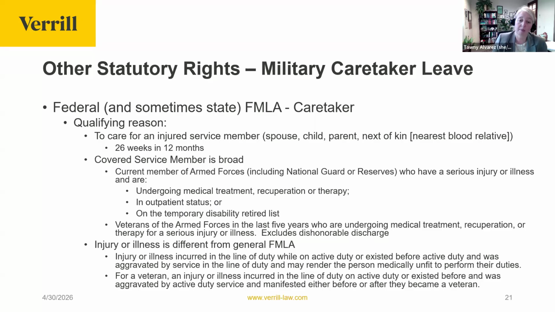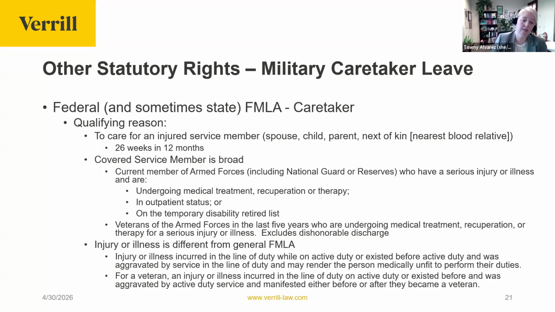And that individual must have a serious injury or illness. When we talk about what that is, they have to be undergoing medical treatment, operation, or therapy. They have to be in outpatient status, or on the temporary disability retired list. It is broad, however. It's not just current members.